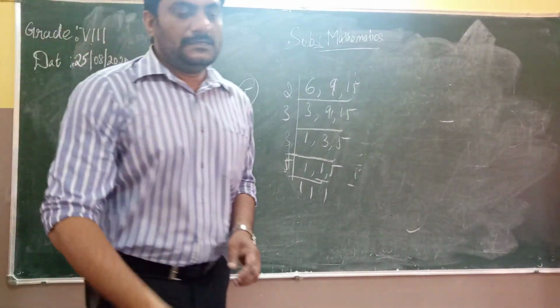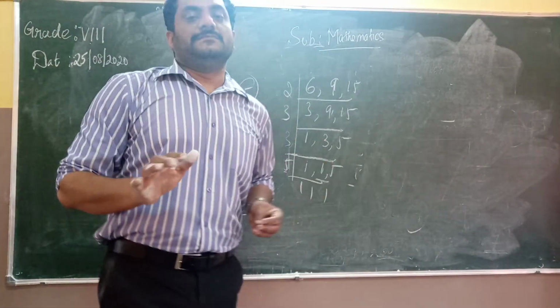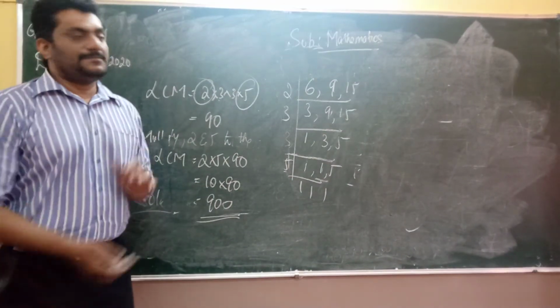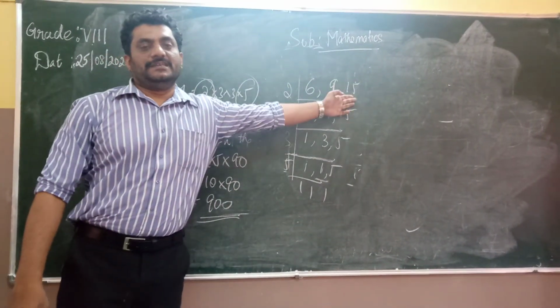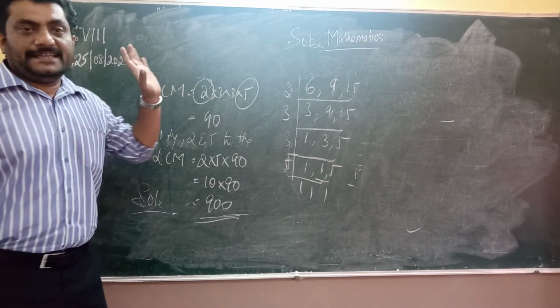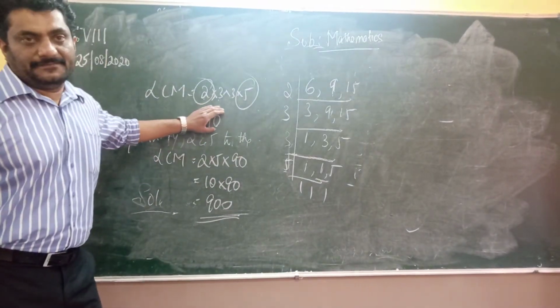Now what was the question? Find the smallest square number which is divisible by 6, 9, 15. If they asked only for the number, it is 90.